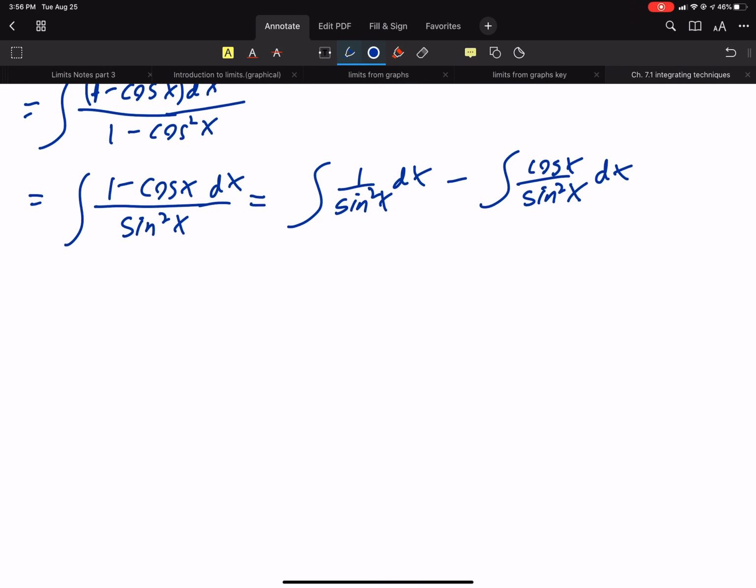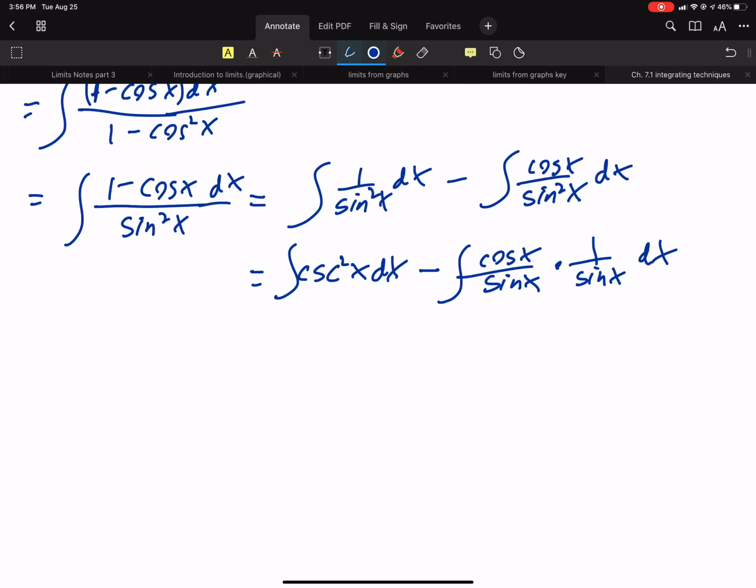And we just do a little more manipulation. 1 over sine squared is cosecant squared. And the bottom, I'm going to make it cos over sine, 1 over sine.